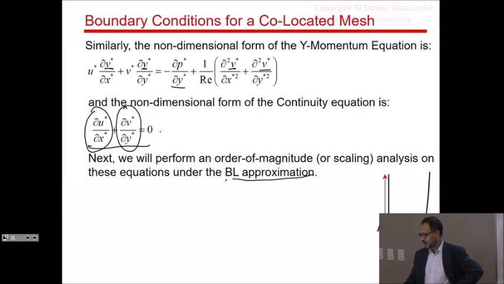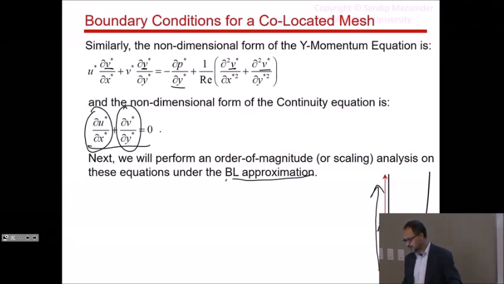What I'm showing here is the boundary layer thickness, delta, and then a certain length scale along the surface, which is L. One is along the surface, the other is normal to the surface. These are my two length scales in the two different directions. So in the y direction, my typical length scale is L. In the x direction, my typical length scale is delta, when I'm talking about a boundary layer.